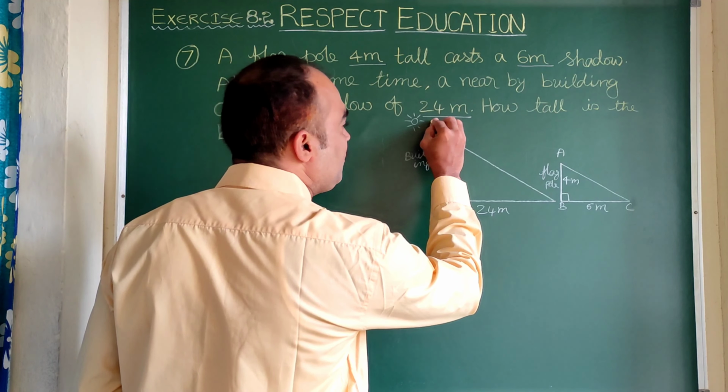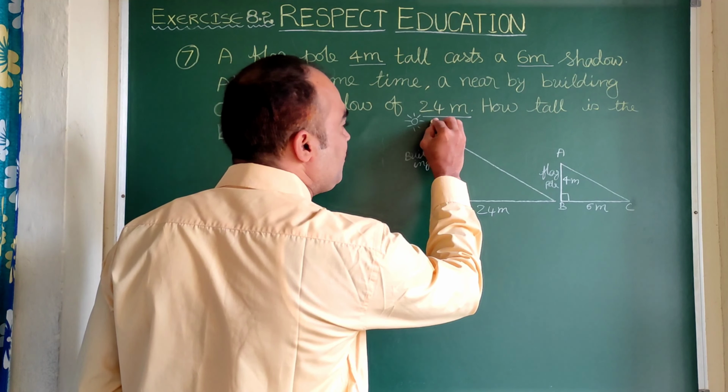We know that all the sun's rays are parallel at any instance. So here these angles give another pair of angles. In both the triangles, angle B equal to angle E is one pair of angles. Angle C equal to angle F, that is another pair of angles.